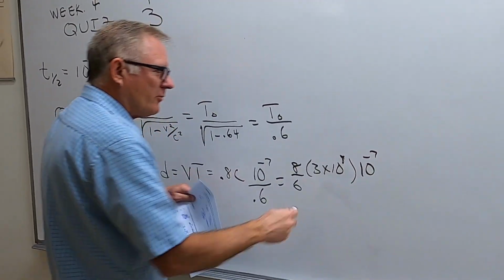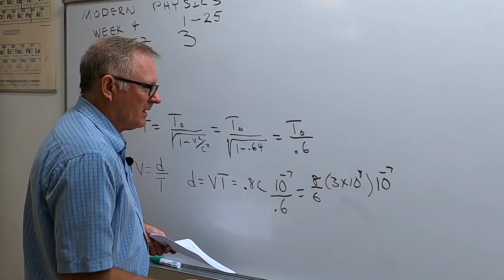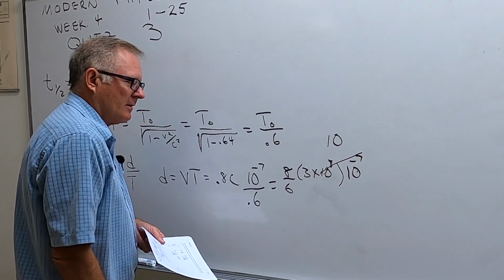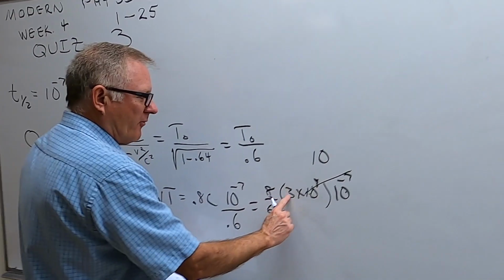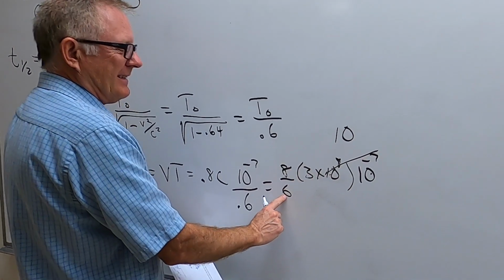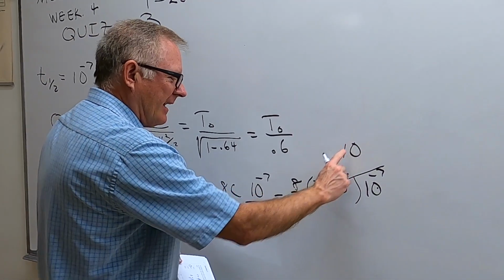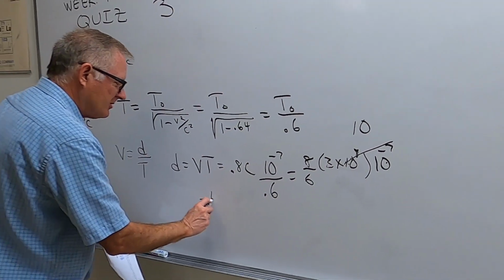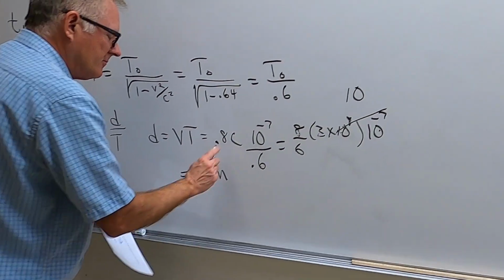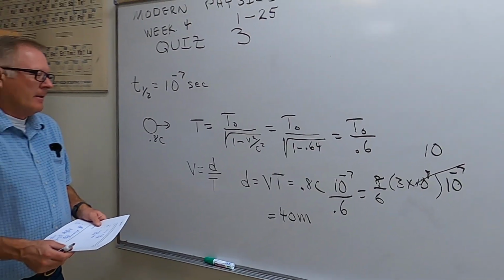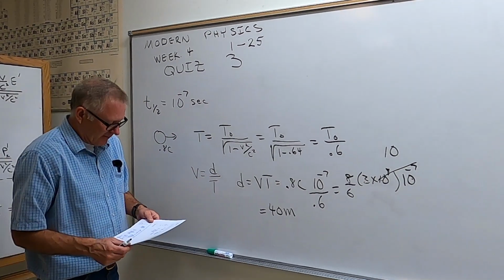So the seconds drop out, and you're just left with meters. This and this just gives you 10. This is 24. 24 divided by 6 is 4. 4 times 10 is 40. So this answer was 40 meters. It would go about 40 meters before it decayed. Okay, didn't even need a calculator for that one.